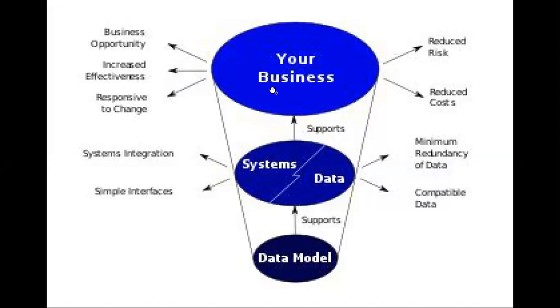That should be the attributes of your business. Then it should support the data model. It's actually a bottom-to-top diagram. The data model should support the system and data, and the system in turn should support your business. That's how we have the block diagram of the data modeling.